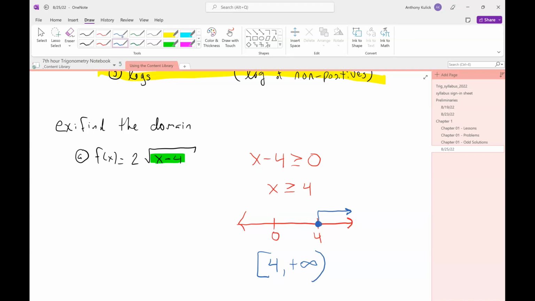And then to indicate that this is a domain, rather than just some arbitrary set, I'm going to say that x is a member of this set. That's equivalent to me indicating that this is my domain as opposed to my range or some other set. Is that okay?